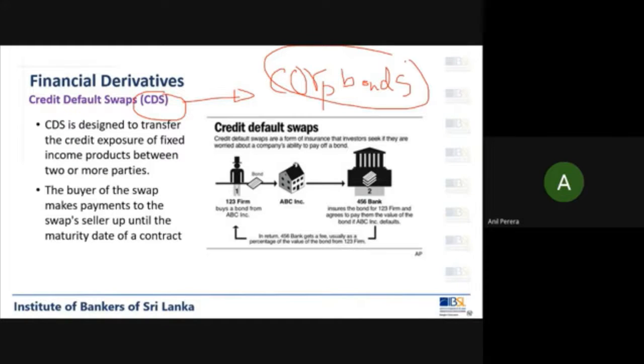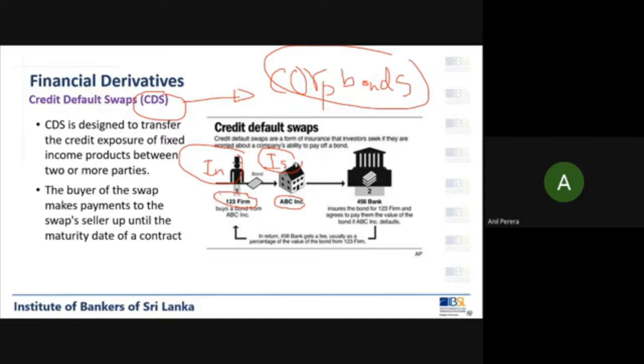Now, if you look at this small picture, you will understand this. Let's say this 123 firm is a company buying bonds from ABC International Company. So this is an investor, this is an issuer, right? ABC issues bonds to the 123 firm.